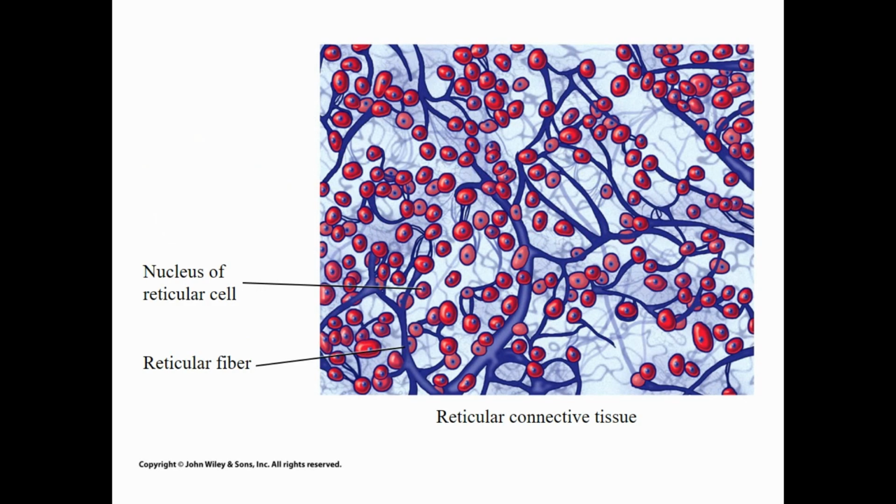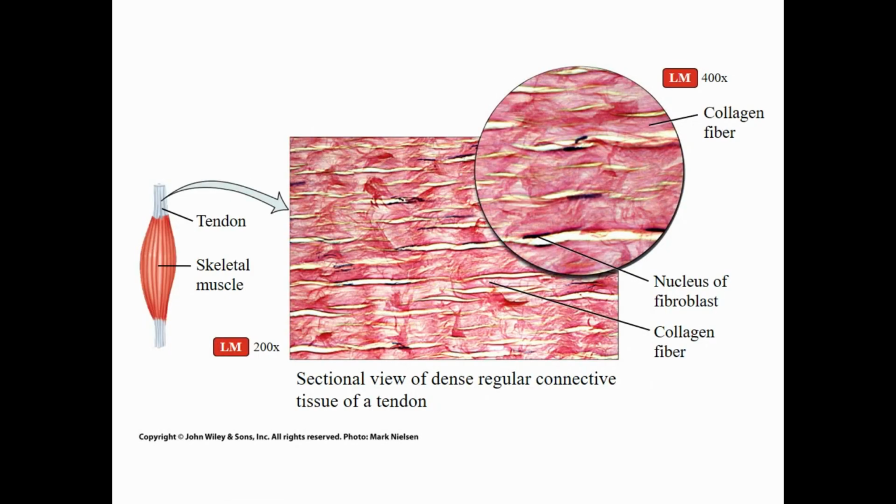And here is the artistic version. So again, open spaces, but the fibers are thicker. The cells are a little more densely packed, not as sparsely populated as they are in areolar, and that's what helps it stand out from the areolar connective tissue.